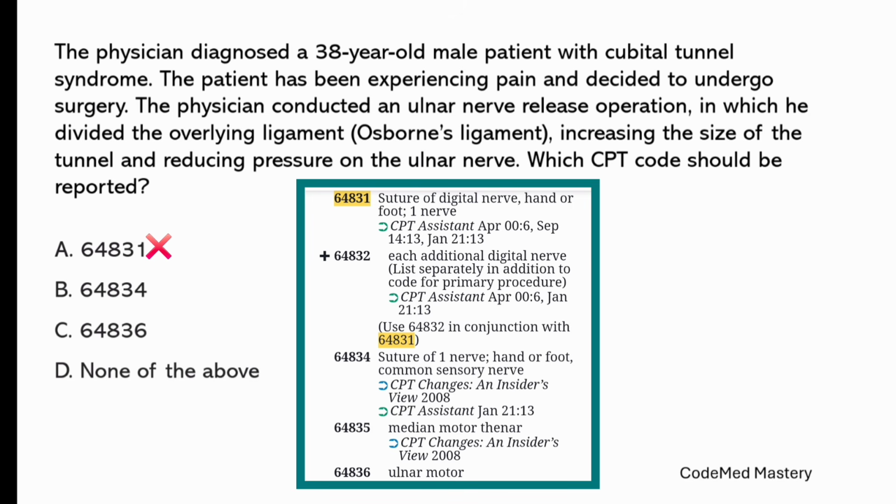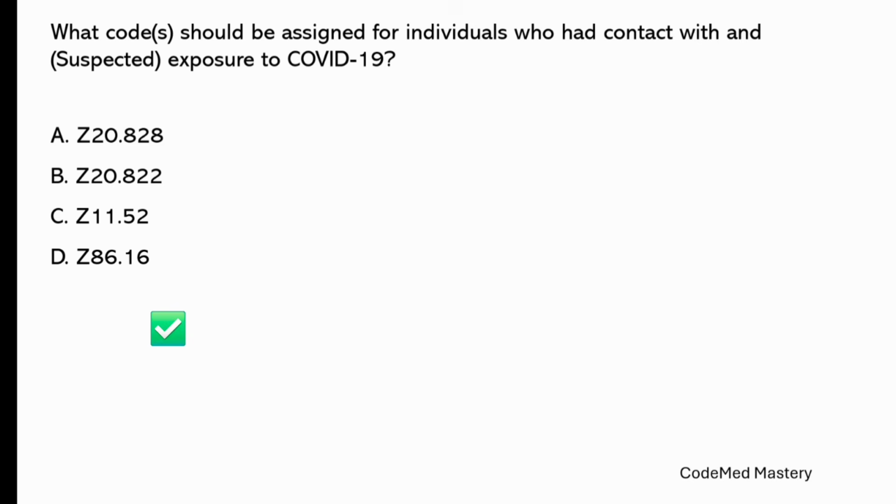Once again, the scenario states ulnar nerve. Therefore, we cannot use 64834 also. And option C, 64836 is for suture of one nerve, ulnar motor. Therefore, this code exactly matches the scenario. Therefore, option C is the correct answer. Option D is wrong. Next question.